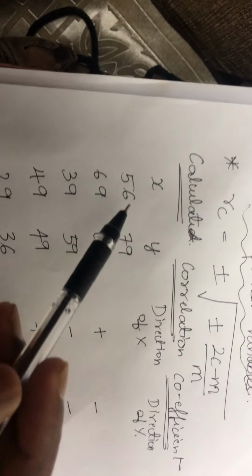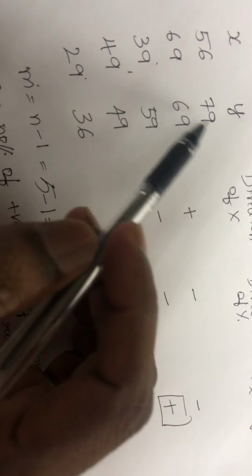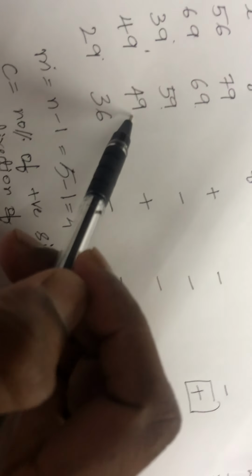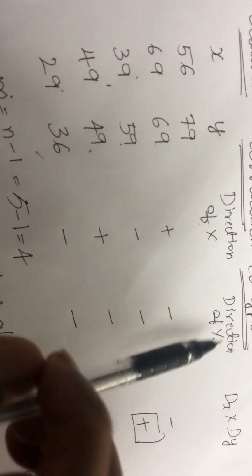So there are some observations given to you: 56, 69, 39, 49, 29. Similarly, 79, 69, 59, 49, 36. So the first step is the direction of x. When you take the direction of x, the first one will be blank, nil.